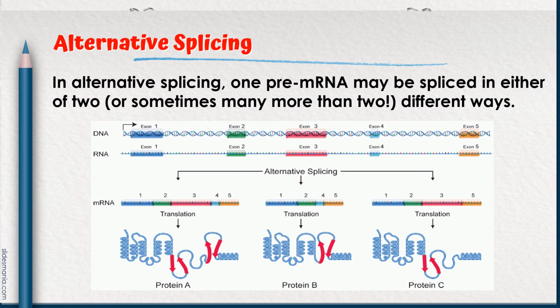In alternative splicing, one pre-mRNA may be spliced in two or more different ways. For example, in the diagram below, the same pre-mRNA can be spliced in three different ways, depending on which exons are kept. This results in three different mature mRNAs, each of which translates into a protein with a different structure.